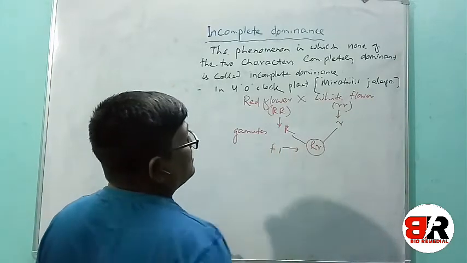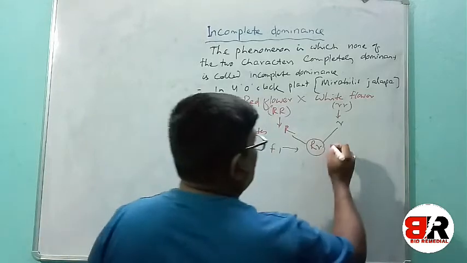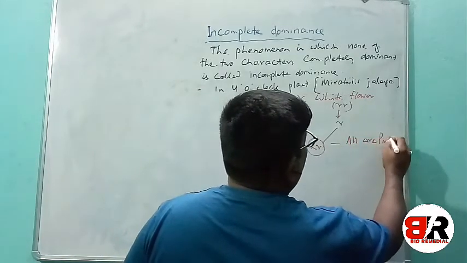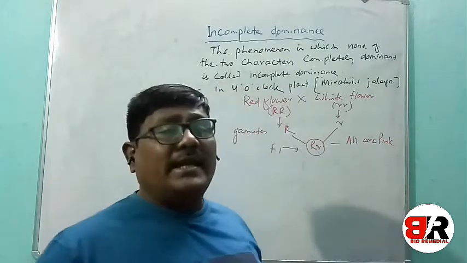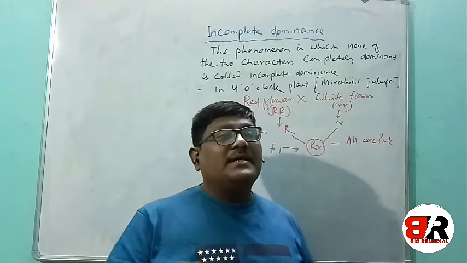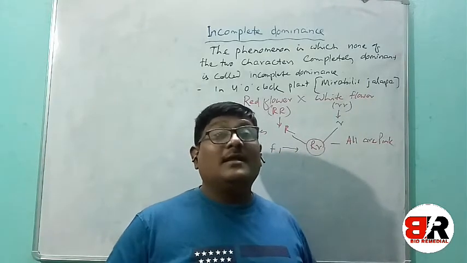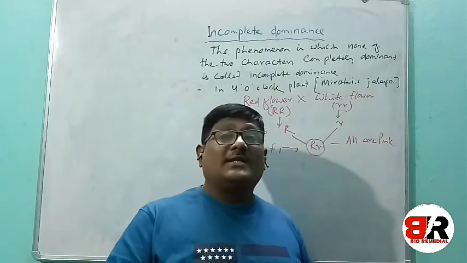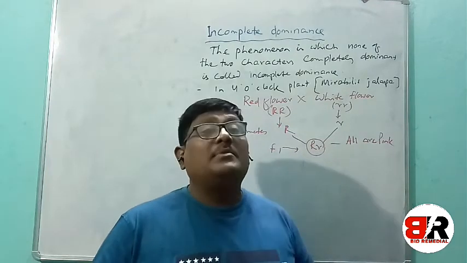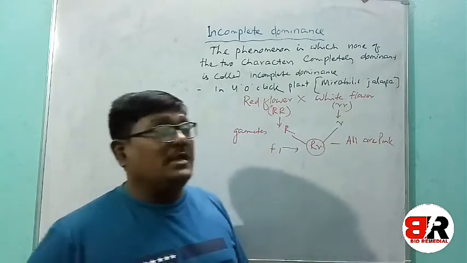In the F1 generation, the genotype is capital R small r, but the phenotype is all pink. So instead of red or white, he found a new color, pink. Pink is a combination of both red and white. This indicates that in the F1 generation, both red and white appear, but neither completely appears or is completely dominant. This phenomenon is incomplete dominance.